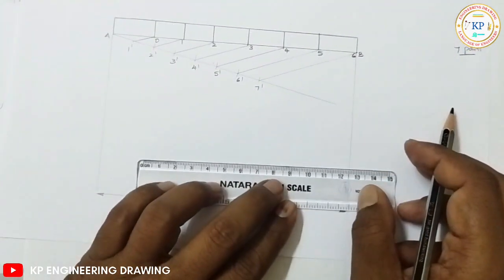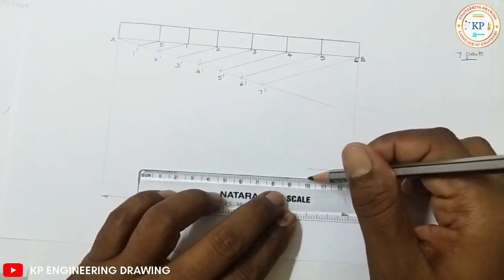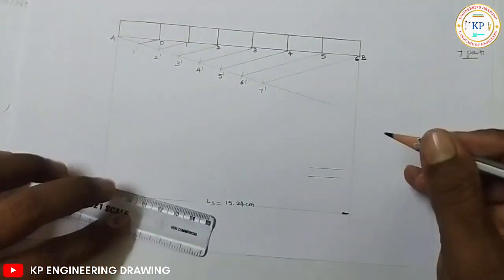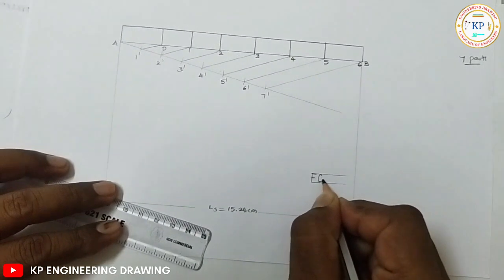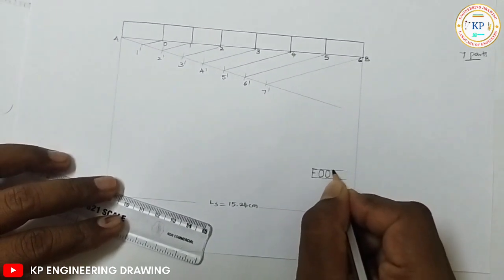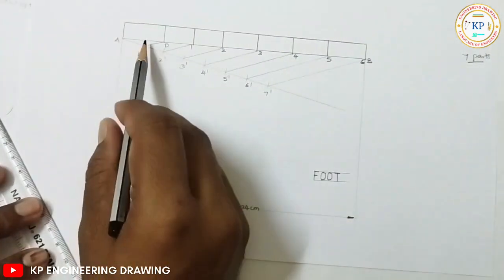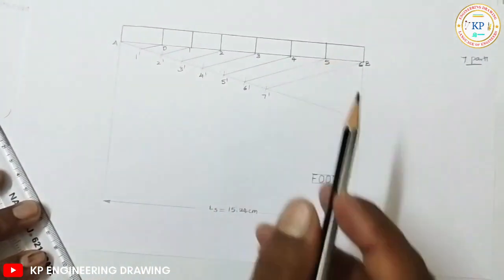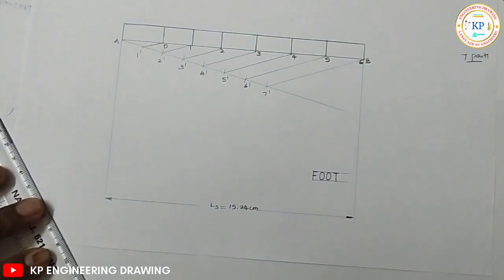Write it here: foot, right? So 0, 1, 2, 3, 4, 5 and 6 parts. So this is the main scale, that is the foot scale.